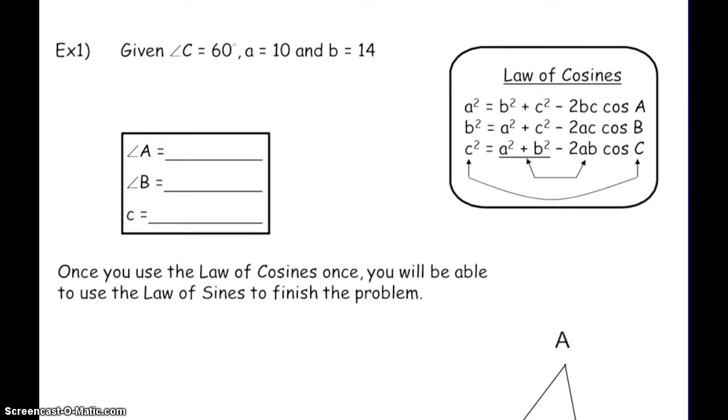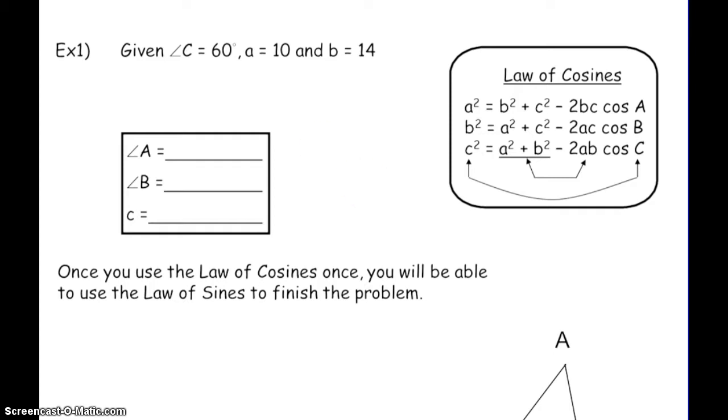Given angle C is 60 degrees, side a is 10, and side b is 14, I want to find the rest of my parts. Notice in the box here on the right, the law of cosines is listed in all three possible ways. Depending on what angle I'm going to have to use or find, I have three different versions.